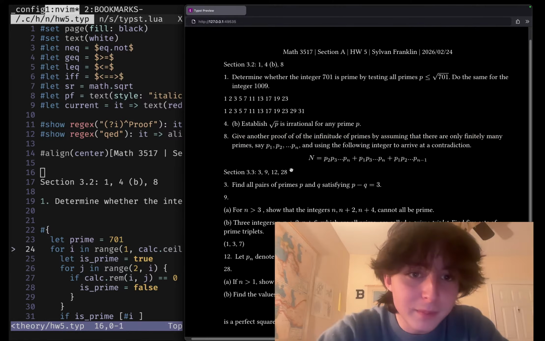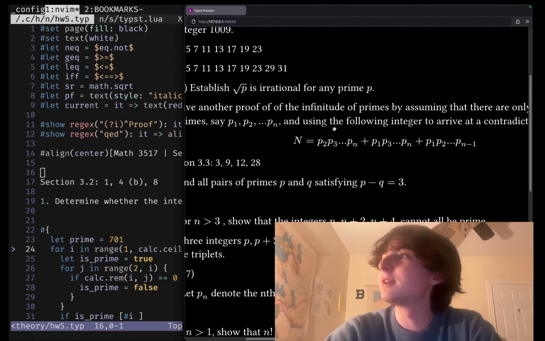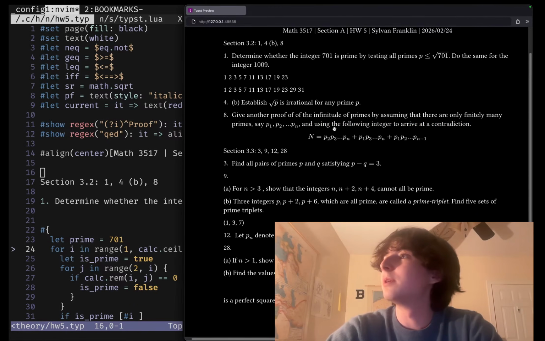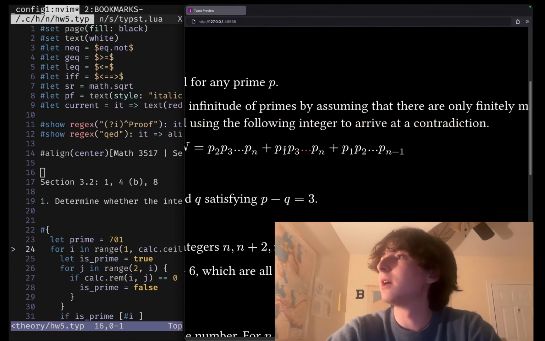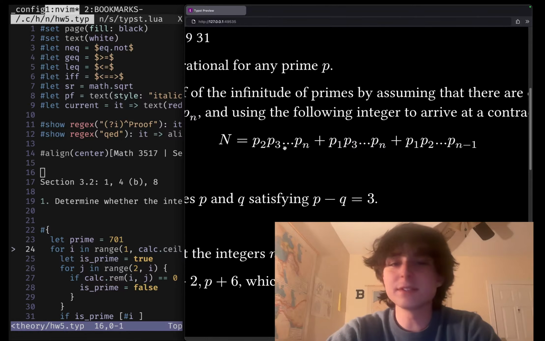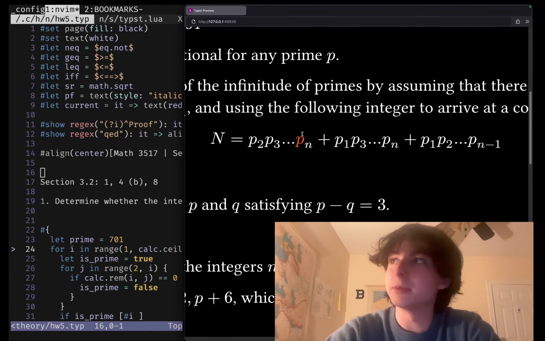I think it says it gives another proof of the infinitude of primes by assuming there are only finitely many primes and using the following integers to arrive at a contradiction. The integer they give is a little bit ambiguous to me.